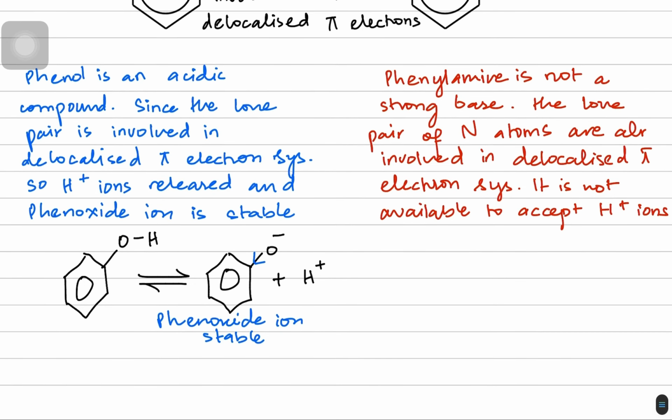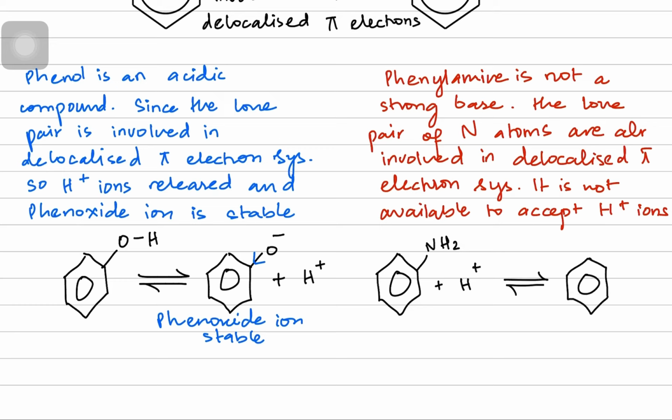So if you consider a molecule of phenylamine, for example this over here, and you make it accept a hydrogen ion, it would make phenylammonium ion, where the NH3 gets a positive charge on top of it, but that is not a very feasible reaction, so it doesn't move forward, rather it stays backward.